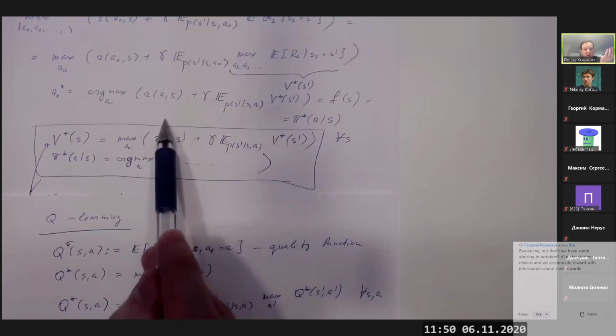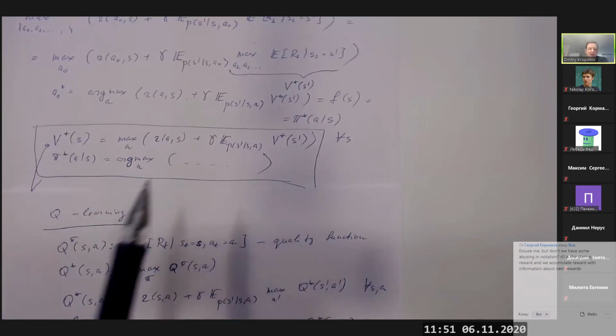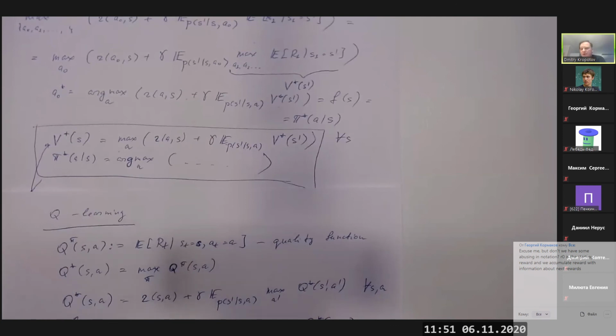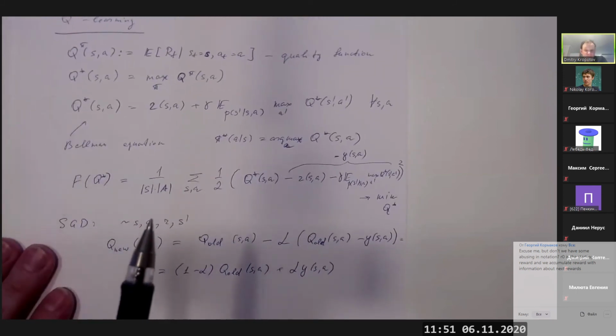Say that these are our targets, consider a mean squared error criterion function, and minimize it with respect to V star, making samples for each state and action. So it is possible to organize a similar algorithm also for the V function. However, in practice, people usually do it for the Q function. Why so?